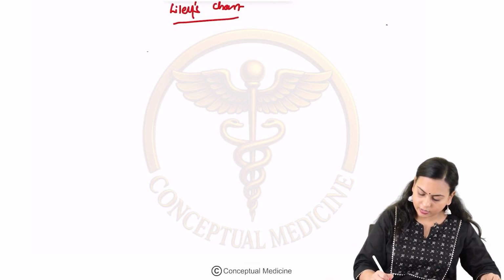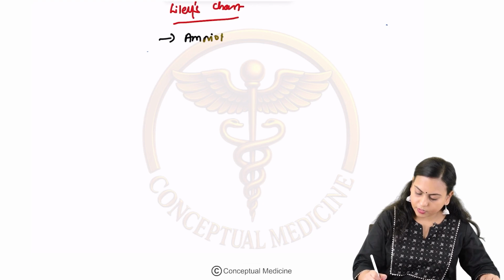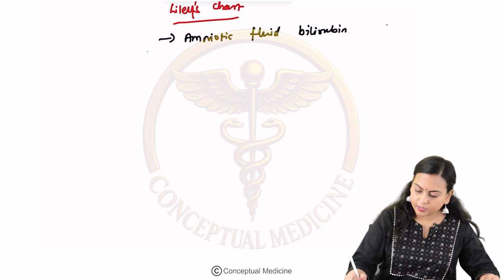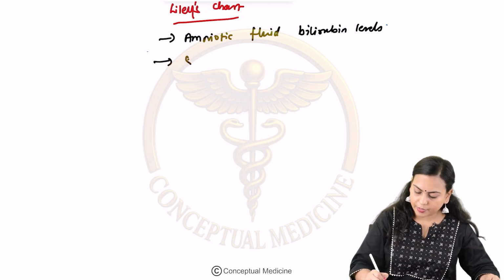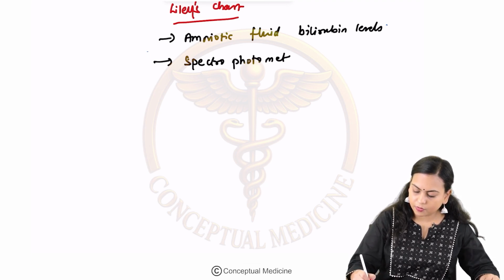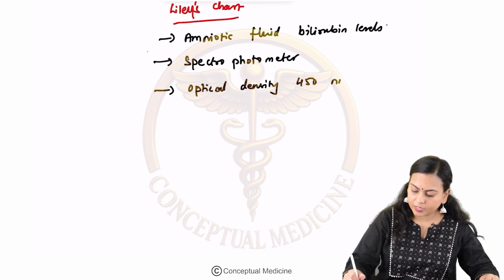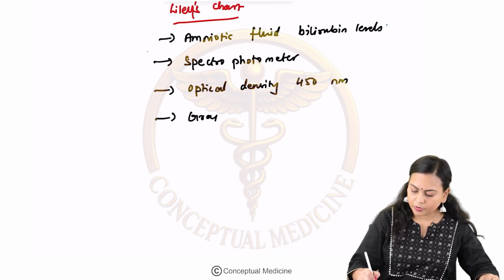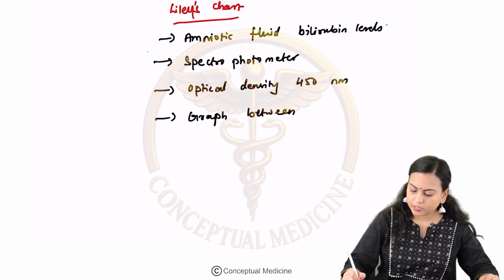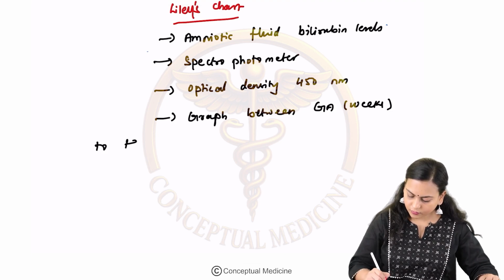so we'll be measuring the amniotic fluid bilirubin levels by spectrophotometer at an optical density range of 450 nanometer and we'll be plotting a graph between gestational age in weeks and the amniotic fluid bilirubin levels.